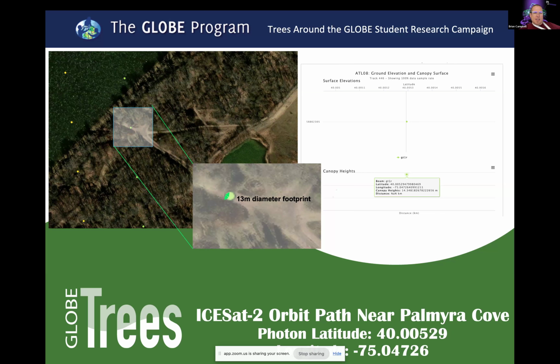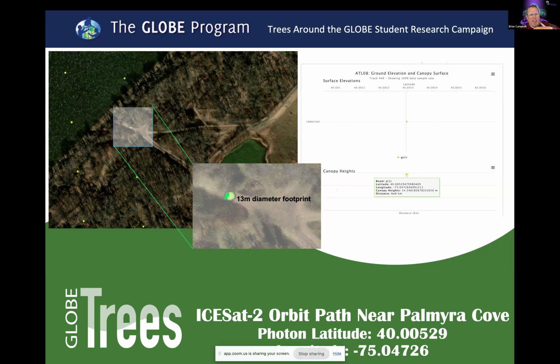So when ISAT2 drops that photon and it hits the top of trees, the height that's returned, what you see here in the graph where it says canopy height 14.34818 meters, is the average of all the treetops that ISAT-2 hit in that 13-meter diameter footprint.